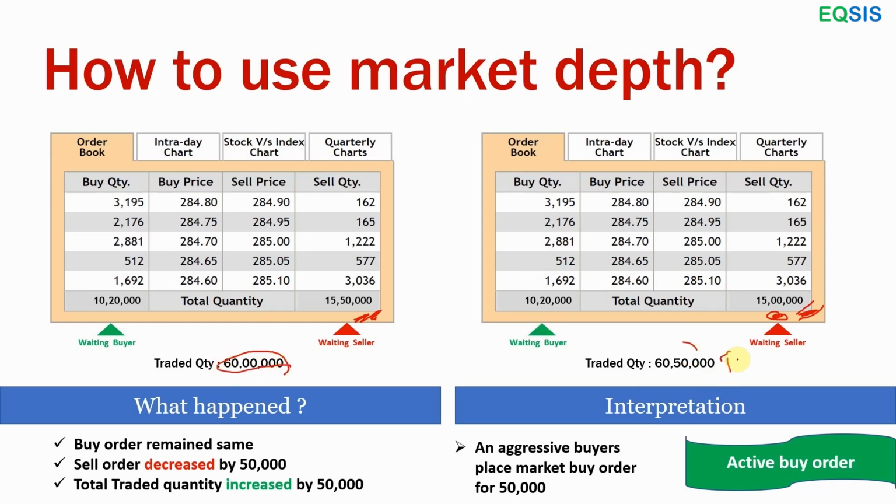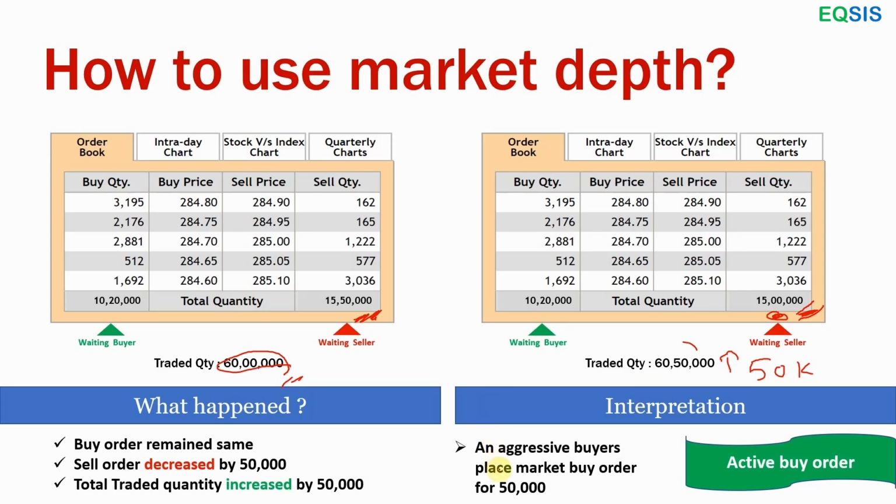Sometime earlier it was only 60 lakh shares traded, but now it is 60 lakh 50,000 shares traded. It simply tells me 50,000 shares got traded, and meanwhile 50,000 sell orders disappeared.